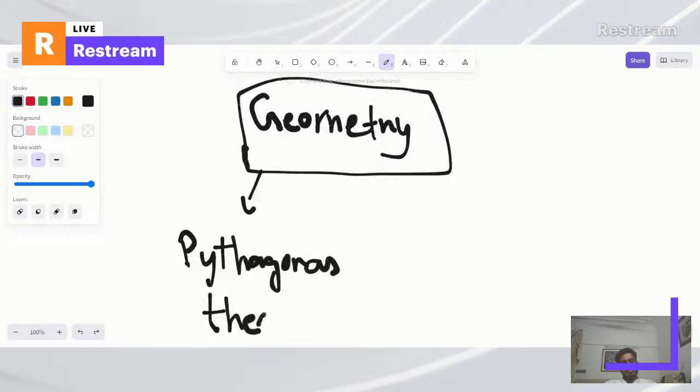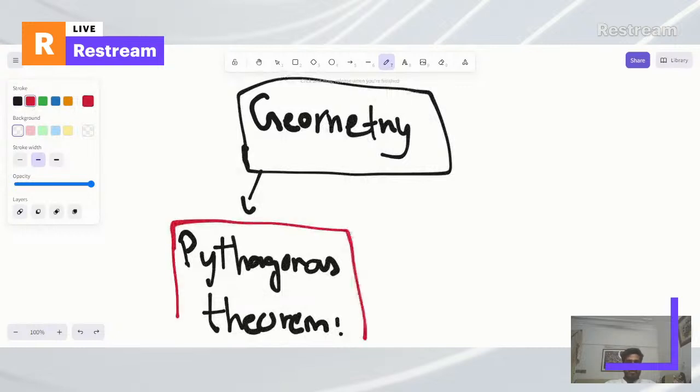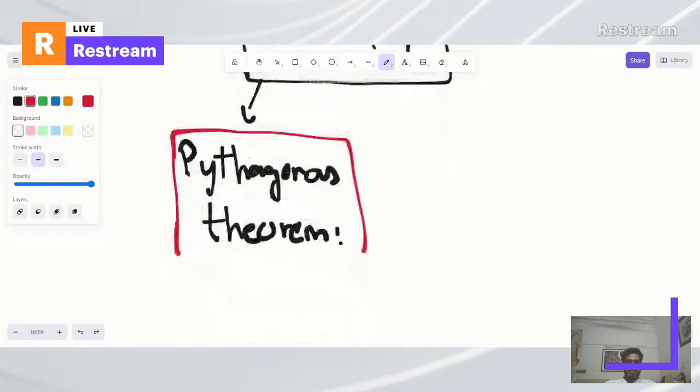Can anyone remind the whole class, whoever's online, what we studied about the Pythagoras theorem? It's a special type of theorem that allows us to find what exactly, and where is it used and why is it used.